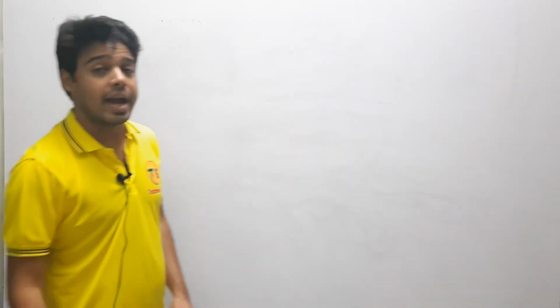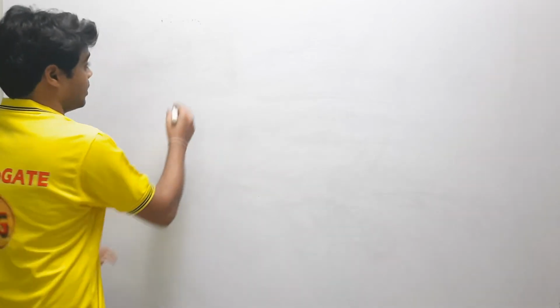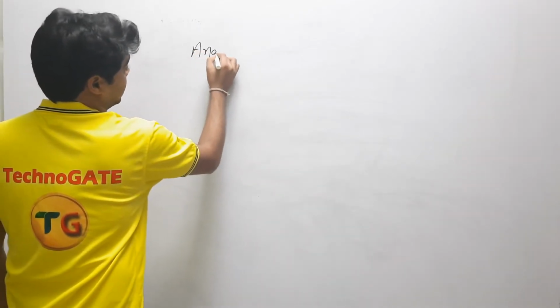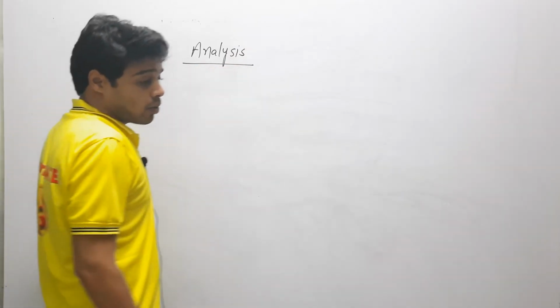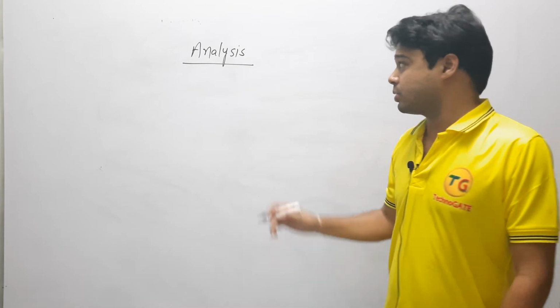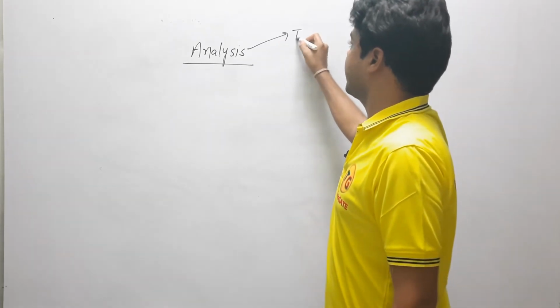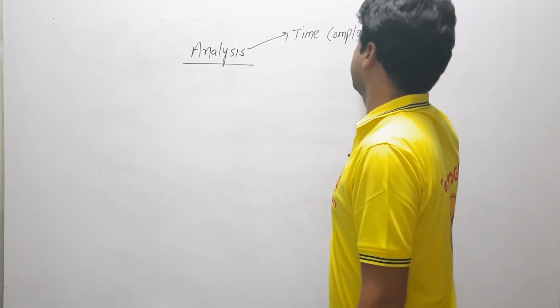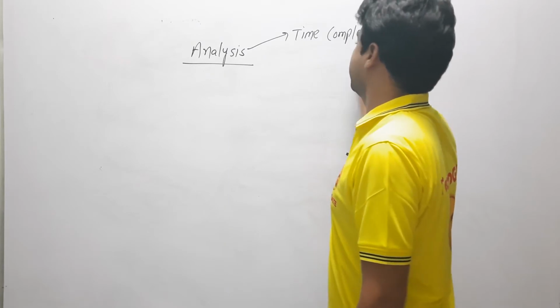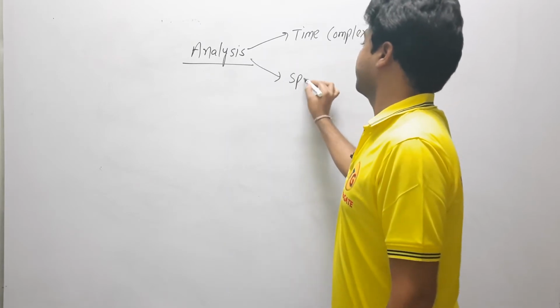So how to decide which algorithm is best among all possible algorithms? The first one is analysis. A very important part of the algorithm is analysis. We have to do the analysis with respect to two terms: the first one is time complexity, and the second one is space complexity.